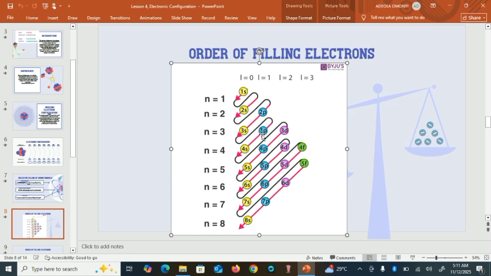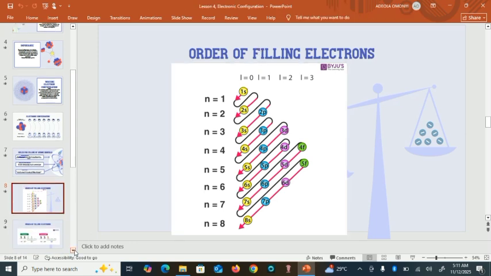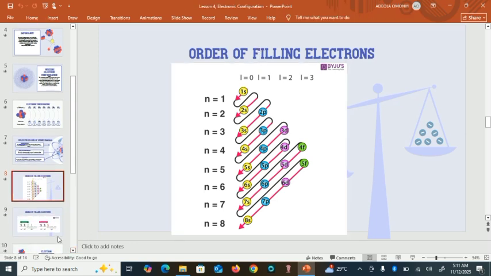After 3s is 3p, 4s, 3d, 4p, 5s, 4d, 5p, 6s. Just look at the direction of the arrow. 4f, 5d, 6p, 7s, 5f, 6d, 7p, 8s, and so on and so forth. Alright, so that's the way to fill the electrons.